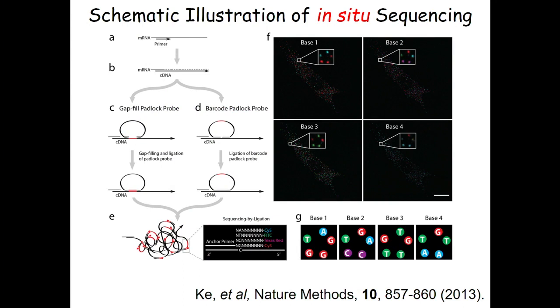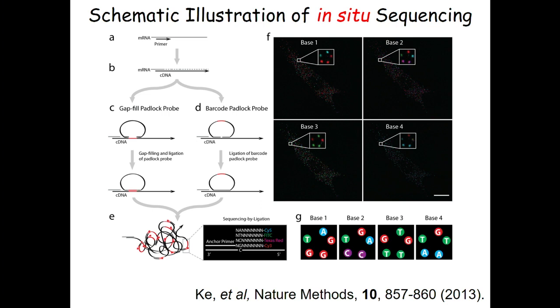So it shows that it was actually quite a robust protocol that they had published. The approach is very similar to what I just outlined before, but we can use the sequencing for two purposes. We can use gap-fill padlock probes, where we design probes to have a gap between the ends and then provide both a polymerase and a ligase. And then the polymerase can fill this gap, copying a short bit of the cDNA sequence and cloning it into these small DNA circles.